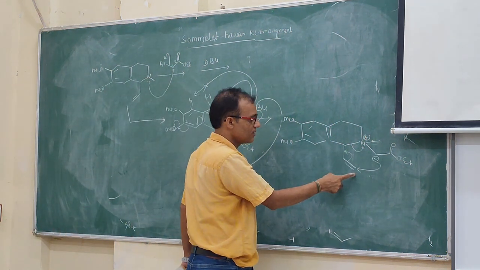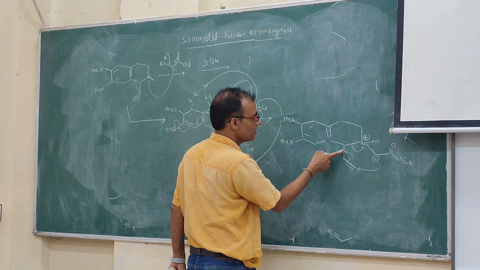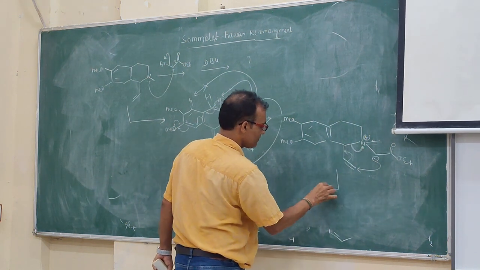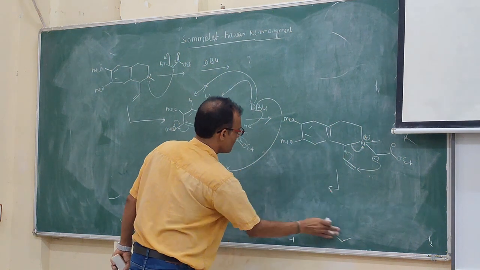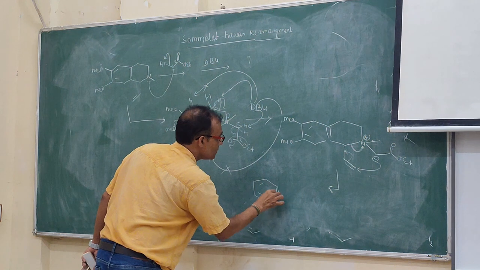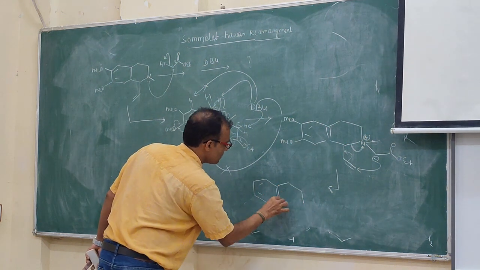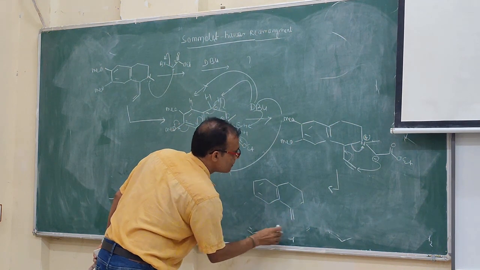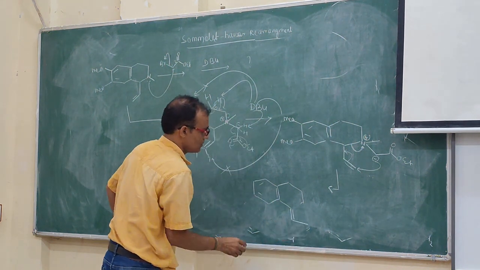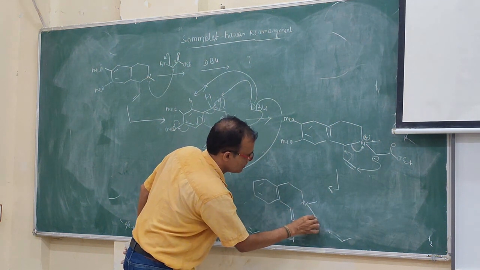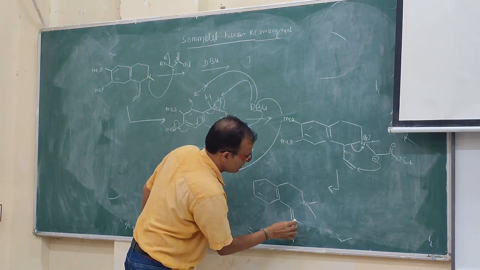So this goes here, the double bond shifts here, so that this breaks and is deposited here. Now N is connected to here, and this is connected to here.